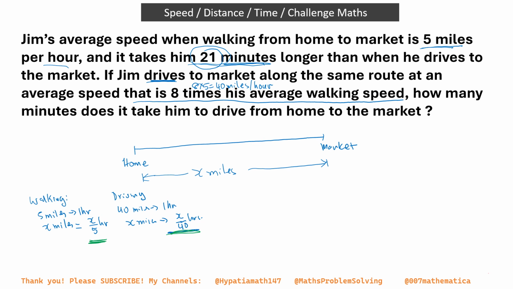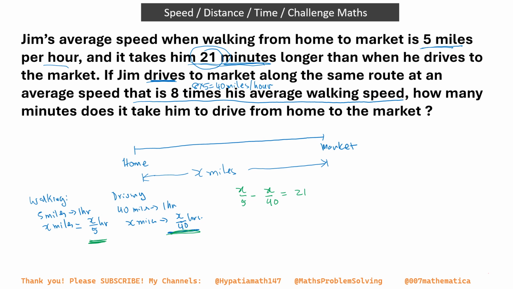Obviously x out of 5 is longer and x out of 40 is shorter because it's quicker to drive than walk. So then I can write x out of 5 minus x out of 40 is 21.